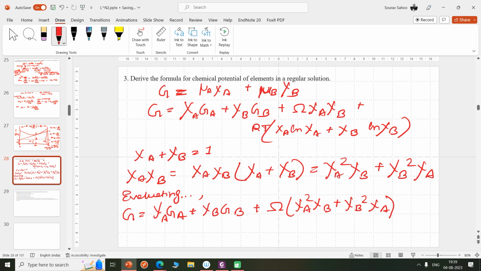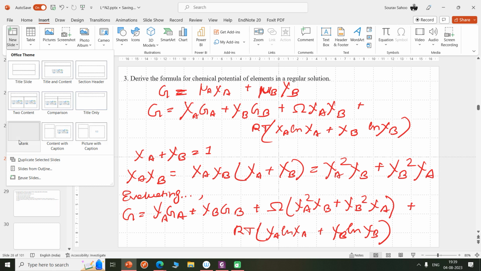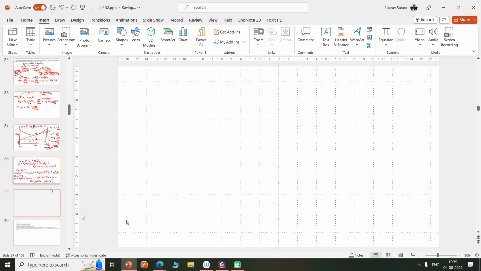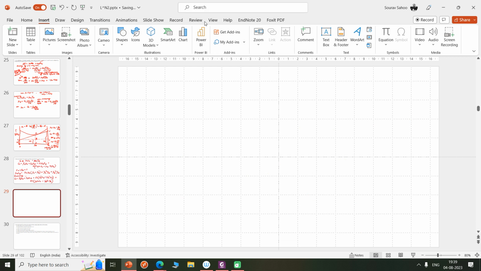Plus RT phi A ln phi A plus phi B ln phi B. I need one more blank slide to complete this derivation. Okay, so now that we are here, I will just take phi A common.